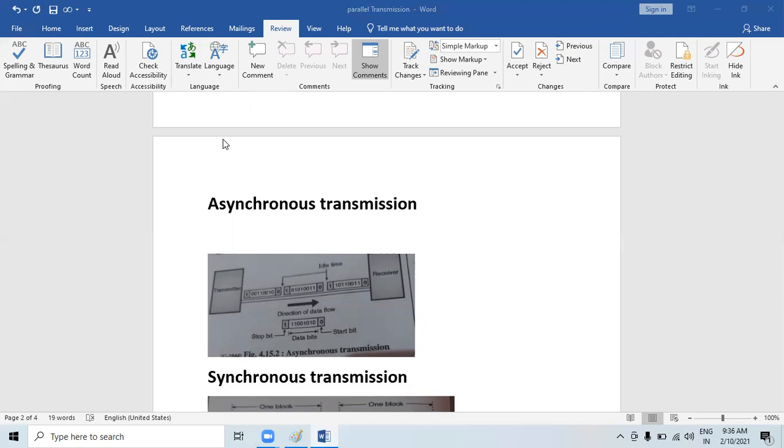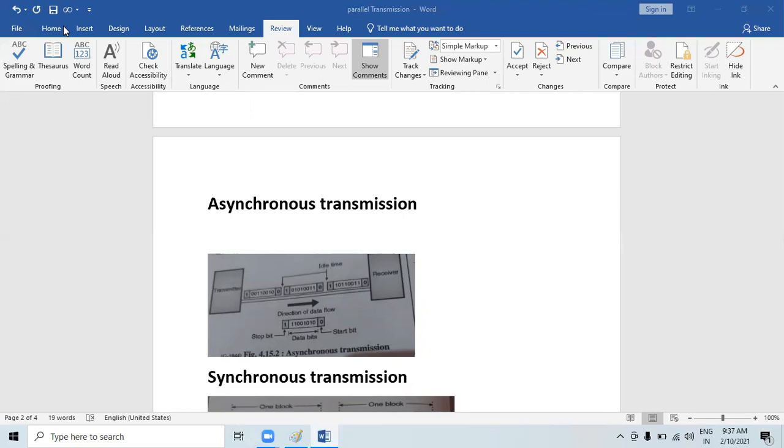You should know the meaning of synchronous and asynchronous, which we have discussed many times, so I will not repeat it here.